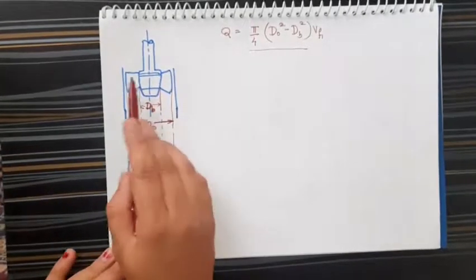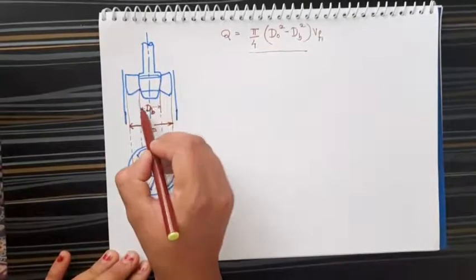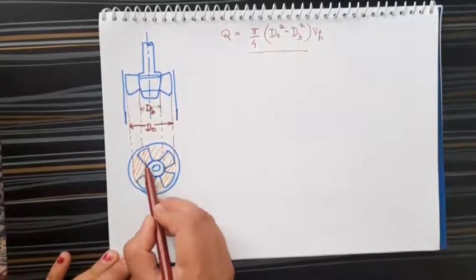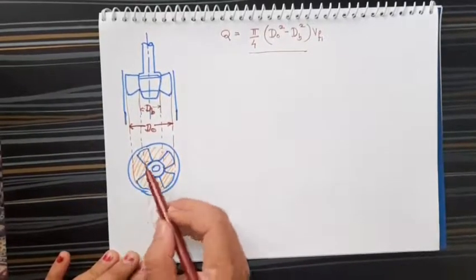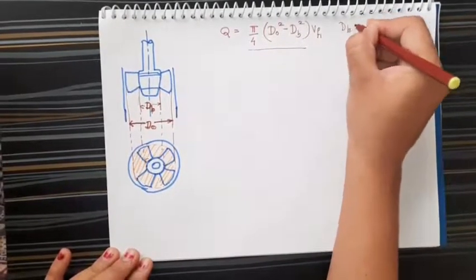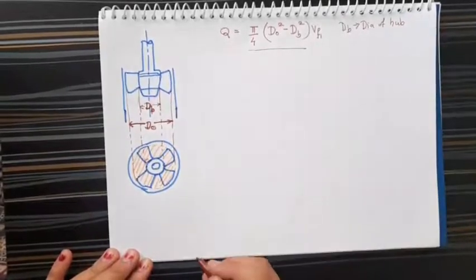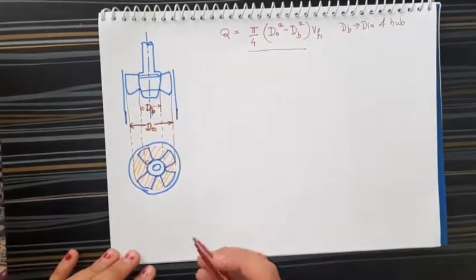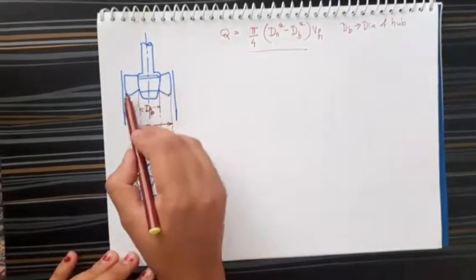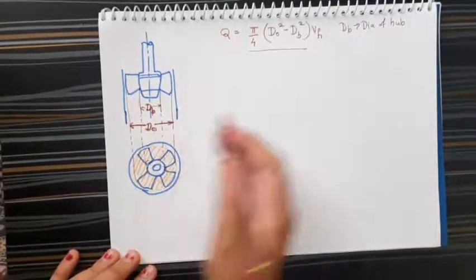From this diagram you can see this is dB, that means the diameter of the hub. Its top view is shown over here, this is the diameter of the hub, which is denoted by dB. So we can write dB as diameter of hub, and dO is the outer diameter of the runner. Where the runner blade will end, that is what dO is.